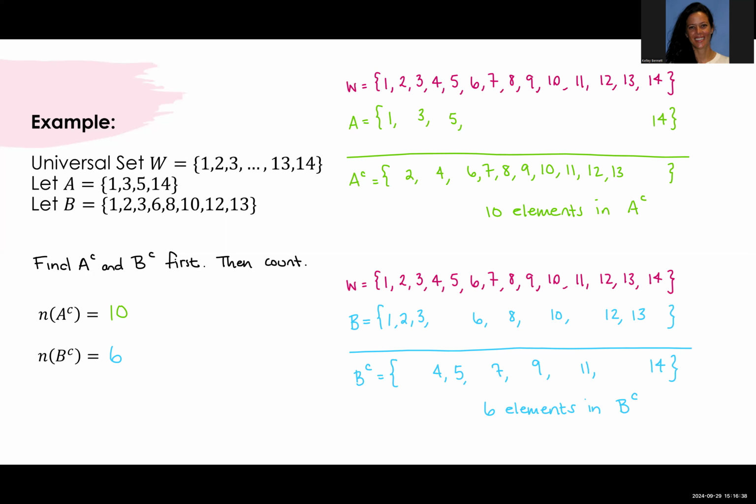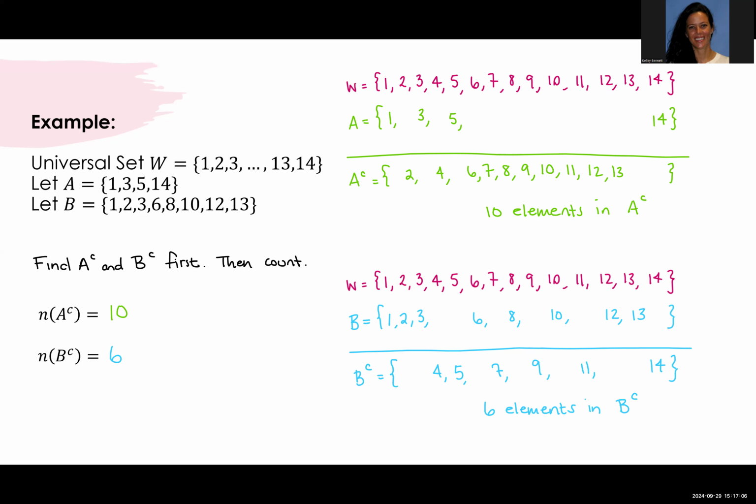Another slick way to do this, and you don't have to do it this way, but it is kind of fun and clever. You know that there's 14 elements in the set W because it's the counting numbers 1 through 14. There are 4 elements in A. So shouldn't it be that 10 were missing, since 4 plus 10 is 14?